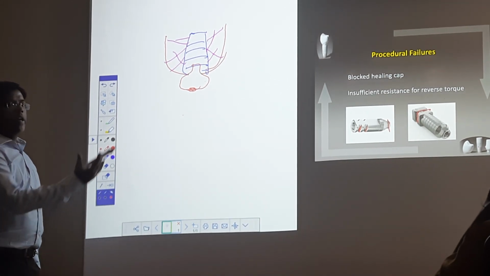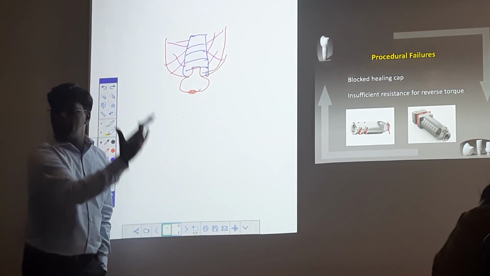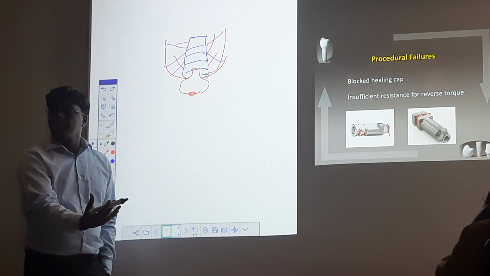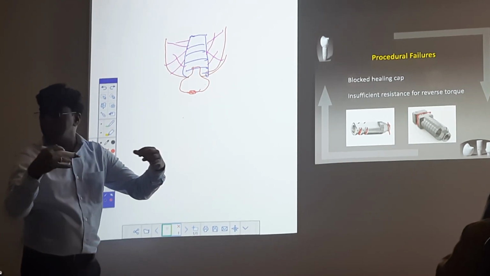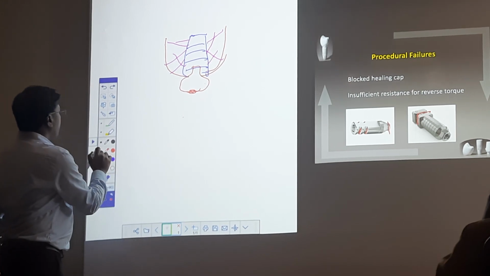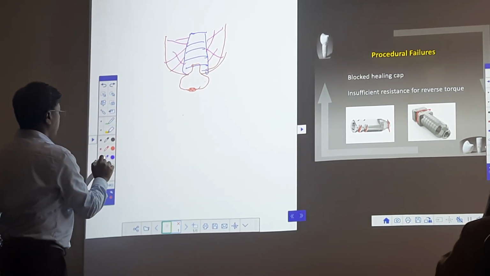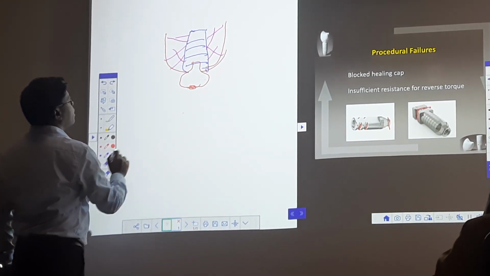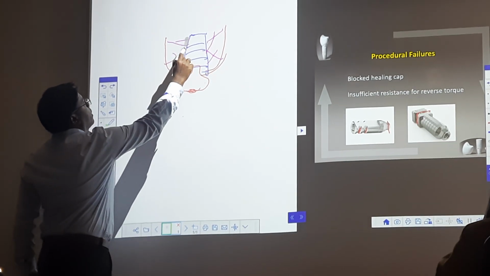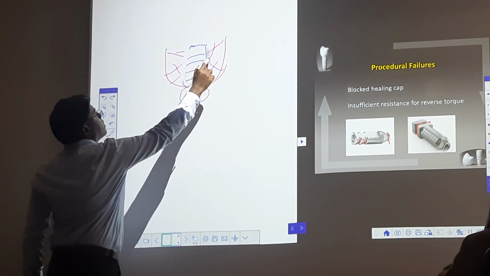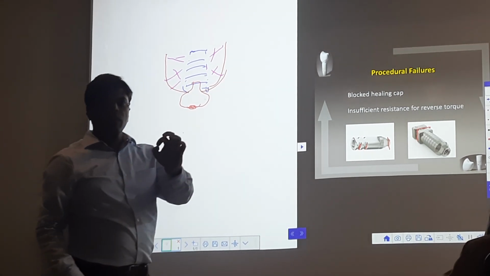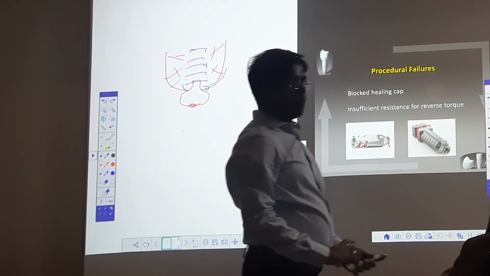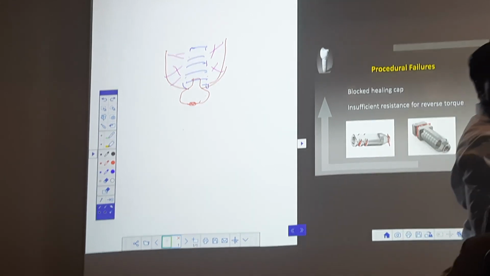Okay. So while removing the impression putty which is engaging the impression transfer notches, there are minor micro fractures at these junctions. Micro fractures.